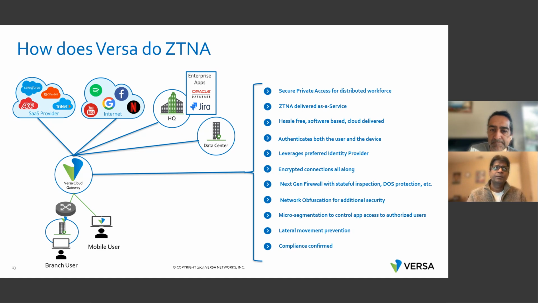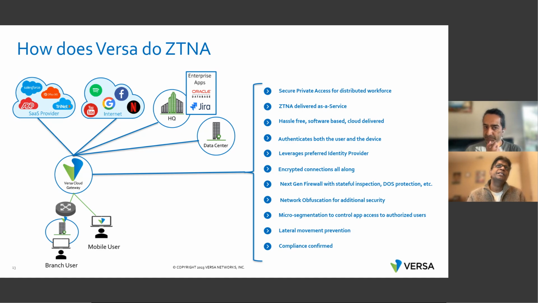With the IDP itself, the token is presented, and at the time the token is validated, the authentication is enabled, and the whole policy is constantly evaluated. The connection is encrypted end to end. We use a next generation firewall for inspections and DDoS protection. As we said before, we use network obfuscation. We do micro segmentation at the control access layer for authorized users.